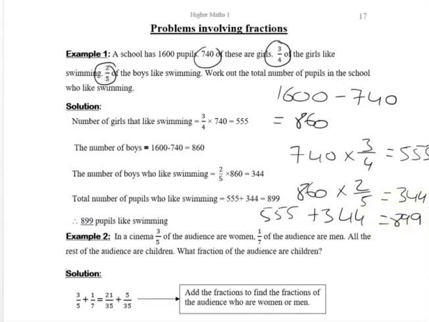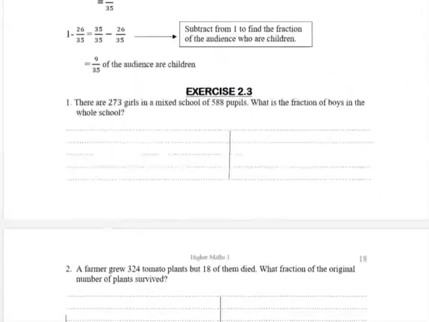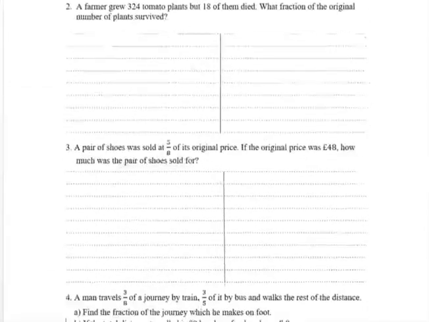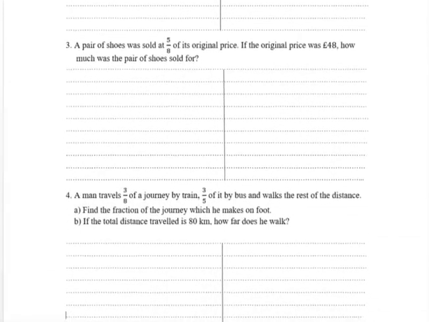So let's move on to one of the questions. Let's do question number 3. A pair of shoes was sold at 5/8 of its original price. If the original price was £48, how much was a pair of shoes sold for?